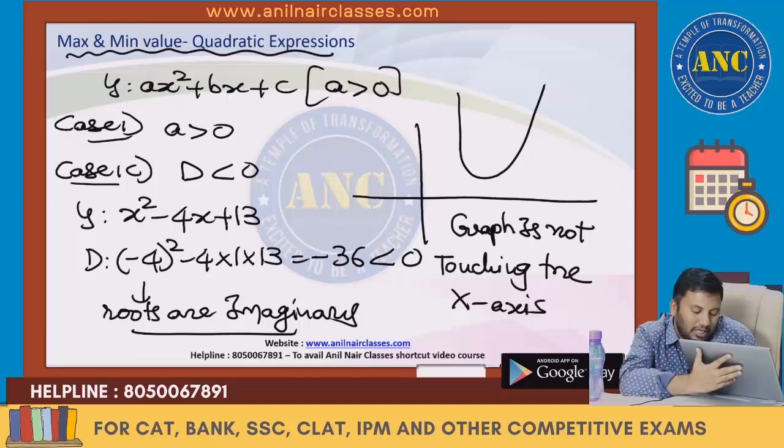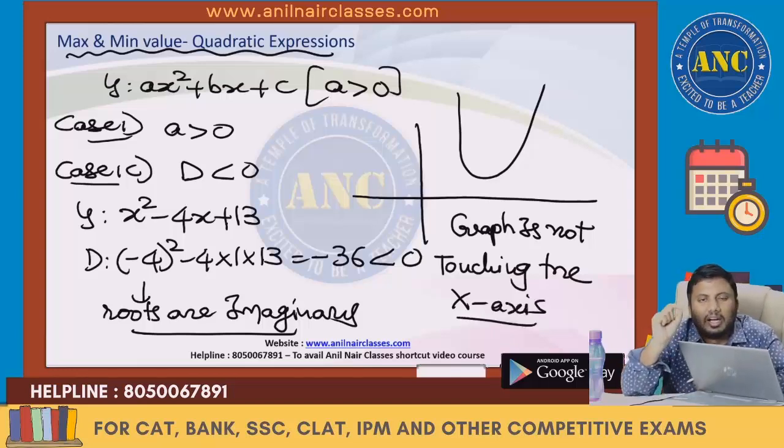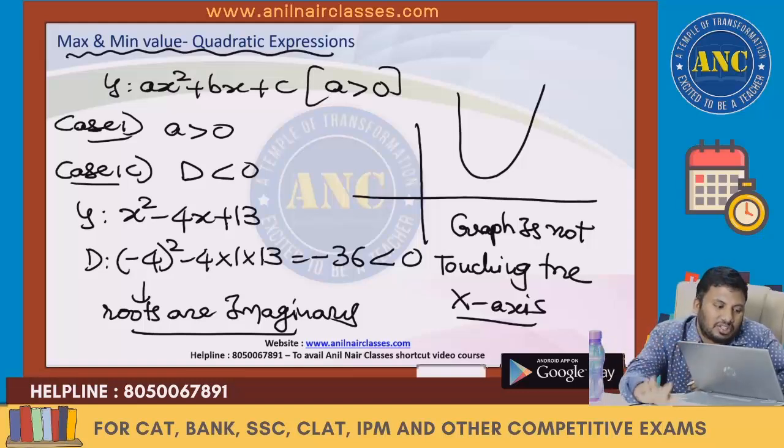I hope that 3 key points are clear. D greater than 0, the graph will touch the axis at 2 points. D equivalent to 0, the graph will touch the axis at 1 point. D less than 0, the graph will not touch the axis.